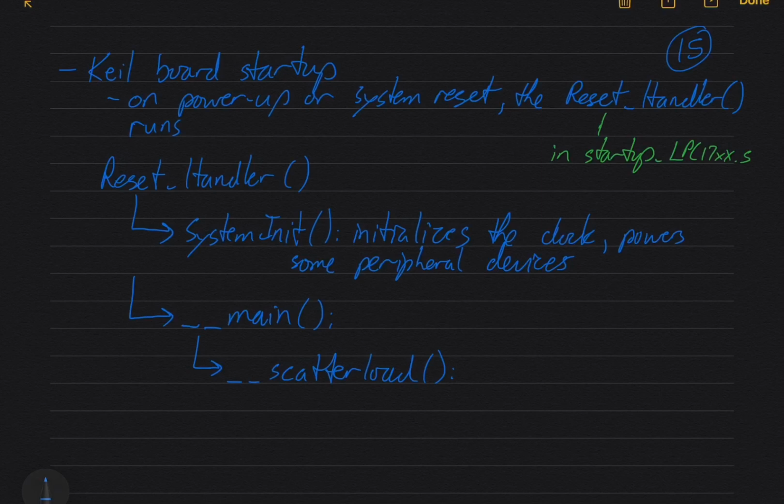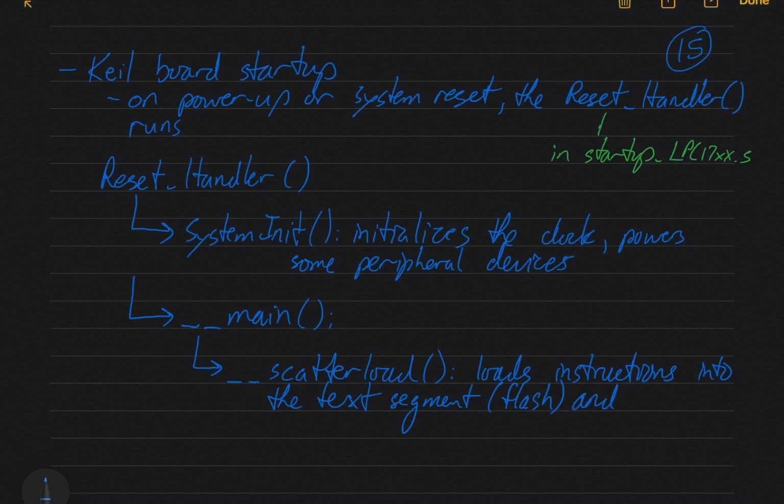What scatterload does is it loads your instructions into your text segment, and it initializes the data segment. So it loads instructions into the text segment, and that is in Flash in our configuration, and initializes the data segment.